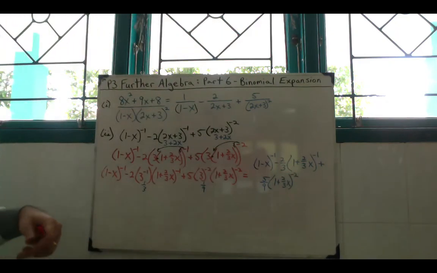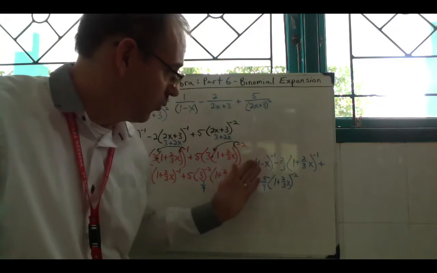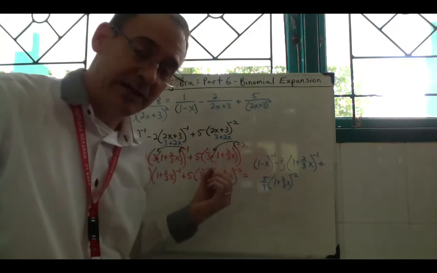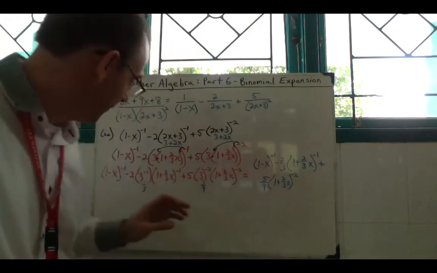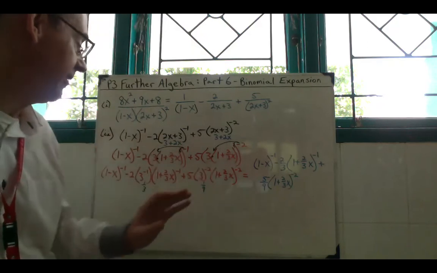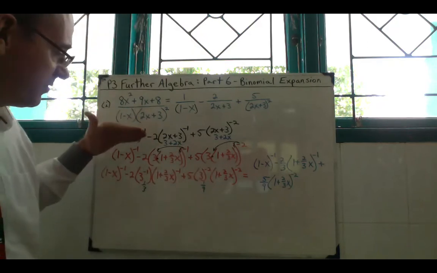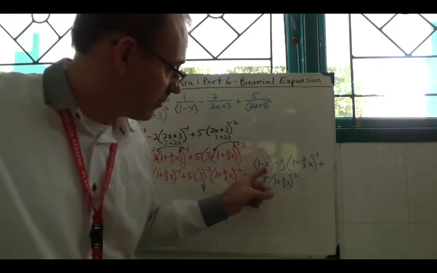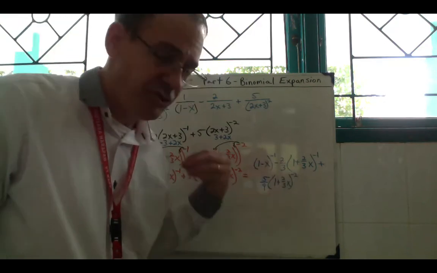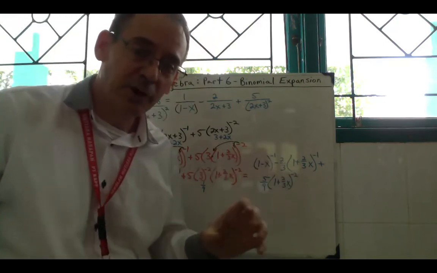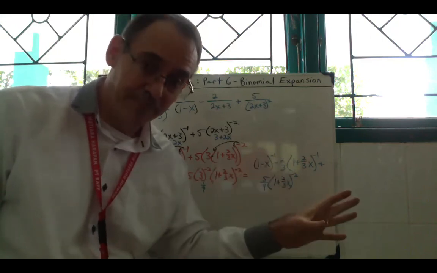Okay. Now we're at the point where we can actually use the formula. So all of this work here was just steps to take to get our binomial into the formula form.